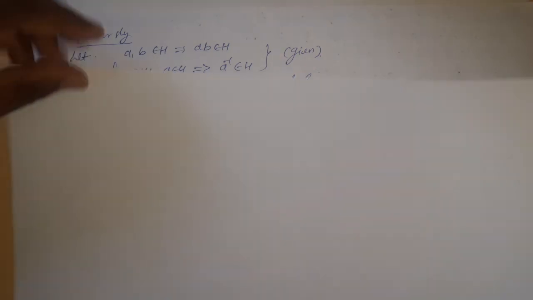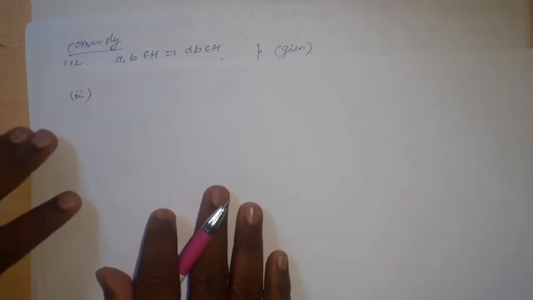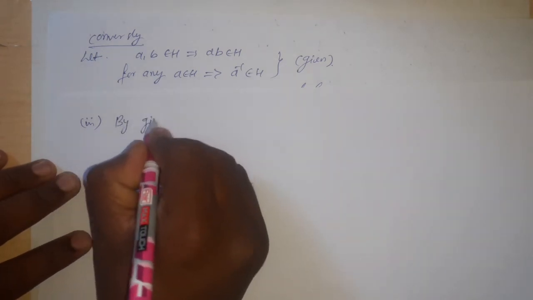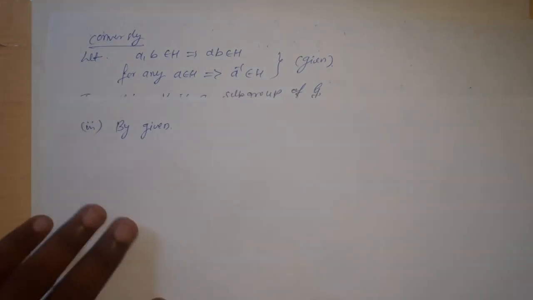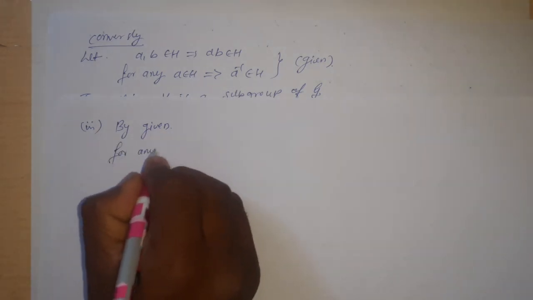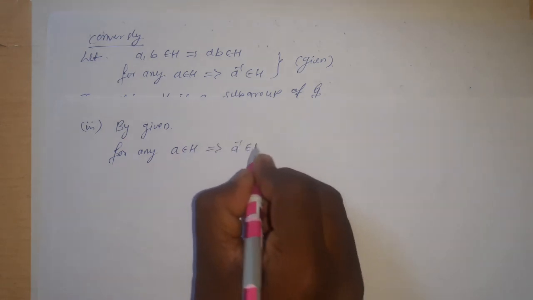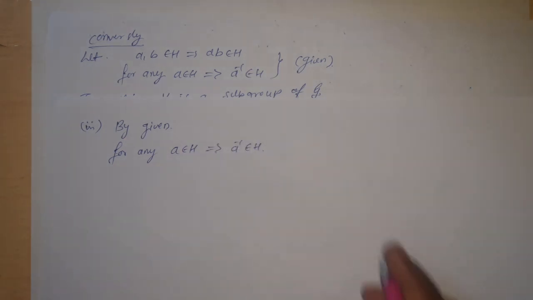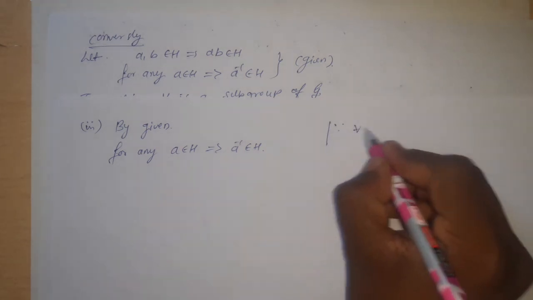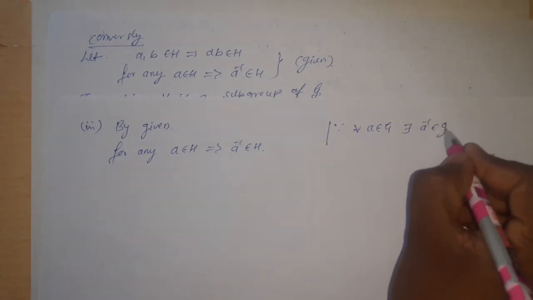Now, again the third point is, you can use the given condition. So, here the second point is given that for any A belongs to H, it implies that A inverse belongs to H. So, here we know the statement of the inverse law. For all A belongs to G, there exists A inverse belongs to G, right.